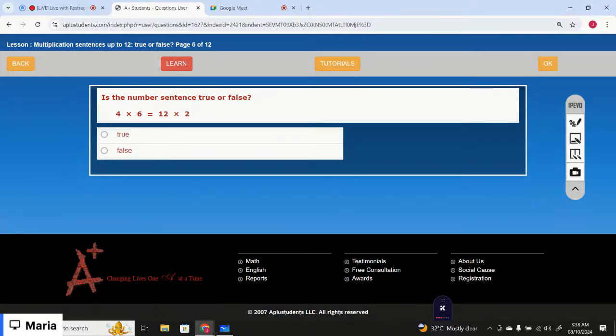Is the number sentence true or false? Which is the correct option? That is 4 times 6 equals 2 times 12. Which is the correct option?